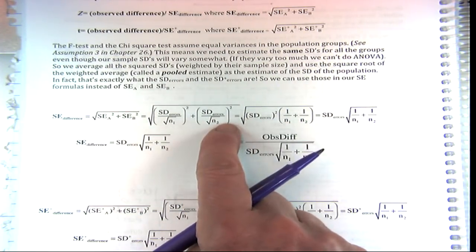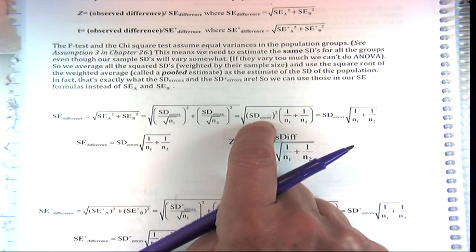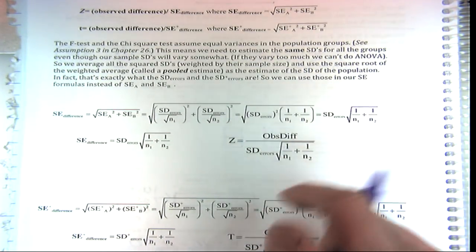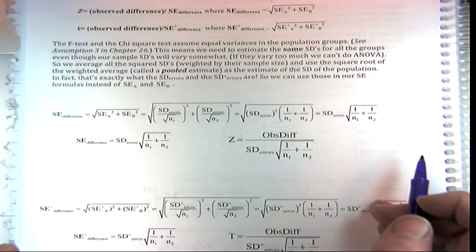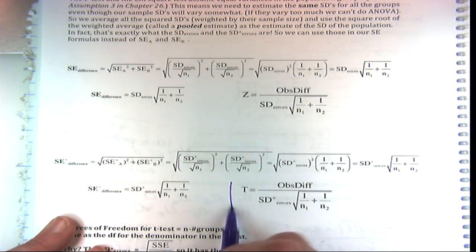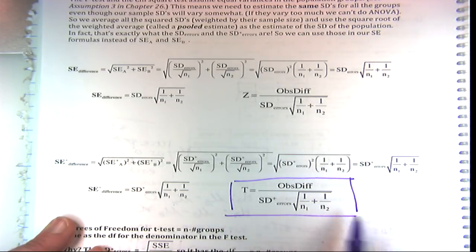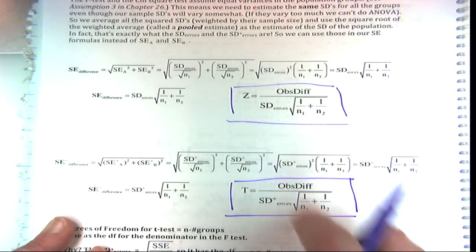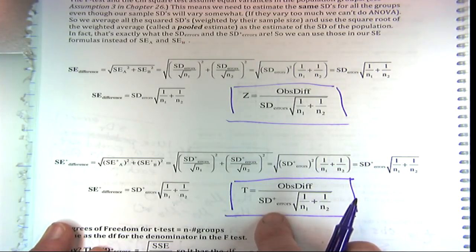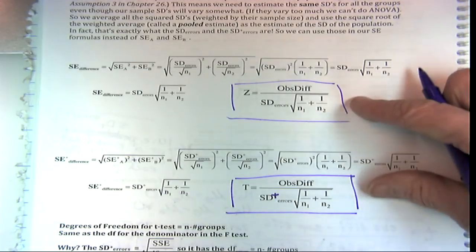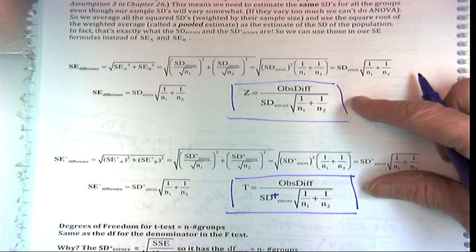What I did here was factor out the standard deviation of the errors. And this right here is the formula that you want. This is the one we did. You would do exactly the same thing, but with the standard deviation of the errors. The only difference with the t is that you have that plus in there.